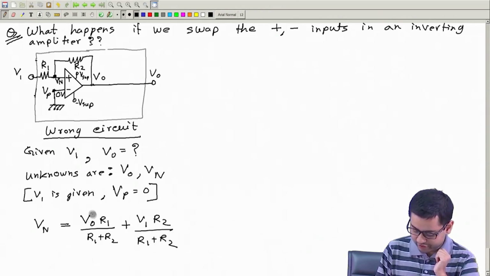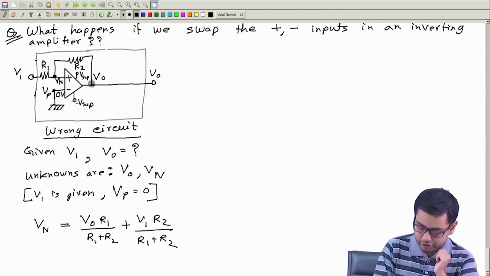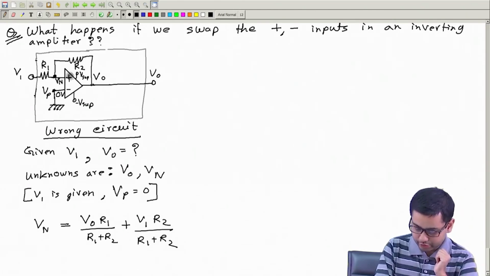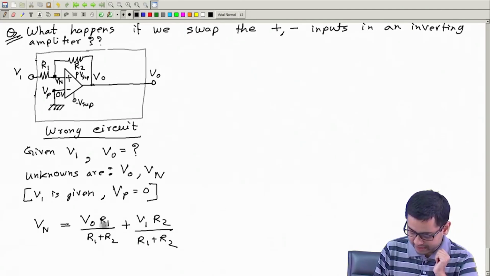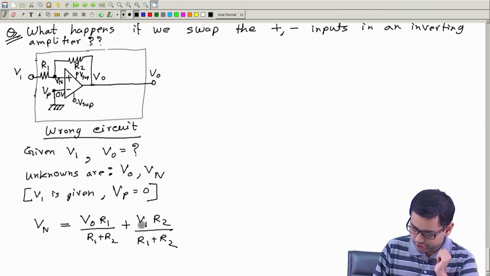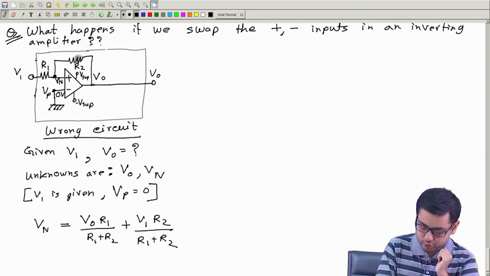So it's a weighted average of VO and V1, and the weight associated with VO is proportional to R1. VO is farther from R1 and closer to R2. Therefore we have VO multiplied by R1, the resistance which is further, and with V1 we have R2, the resistance which is farther from V1.